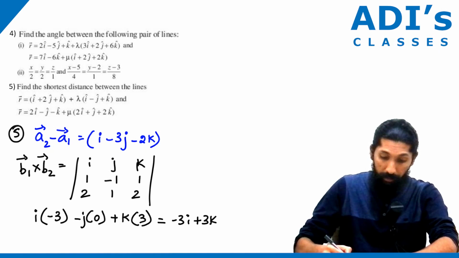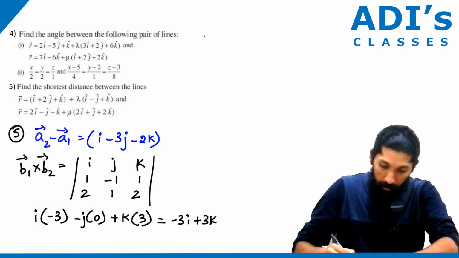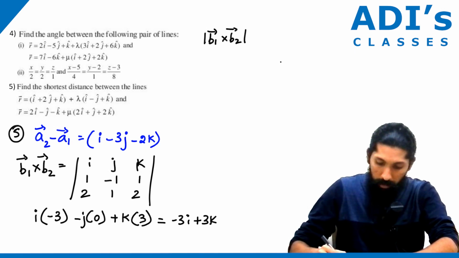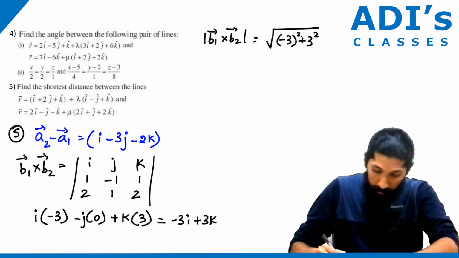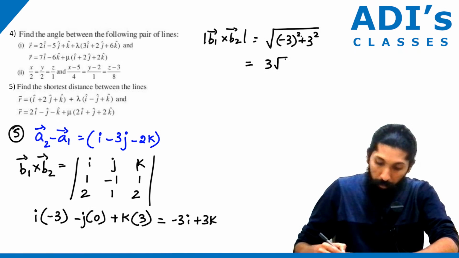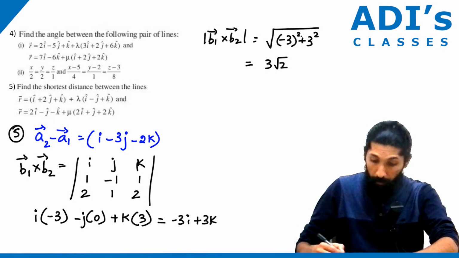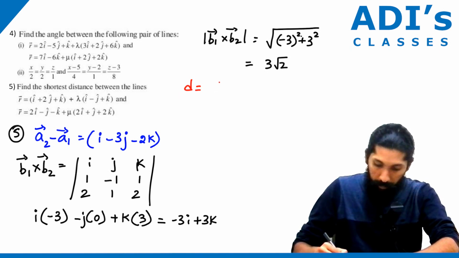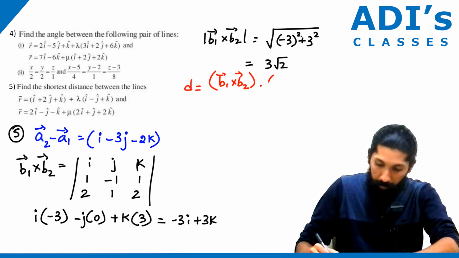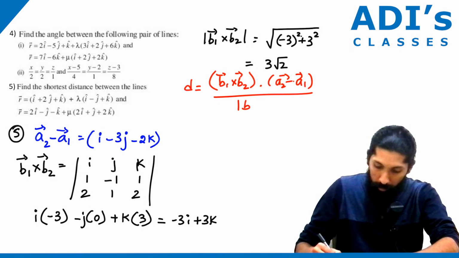The next thing we need is the modulus of b1 cross b2, which is root of minus 3 whole square plus 3 square. 9 plus 9 is 18, or you can just directly write it as 3 root 2. Make sense? Now the formula. Formula is what? Distance is b1 cross b2 dot a2 minus a1 by mod of b1 cross b2.